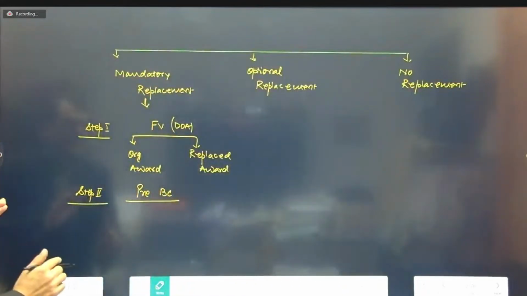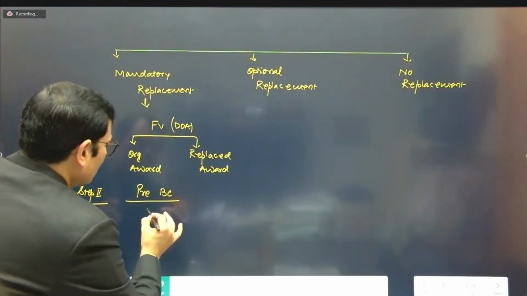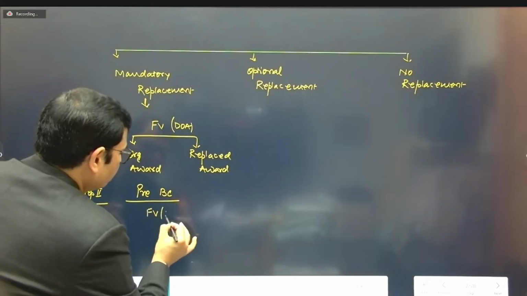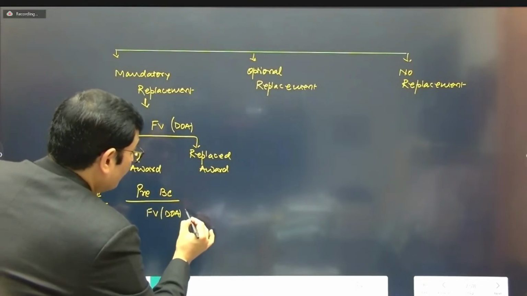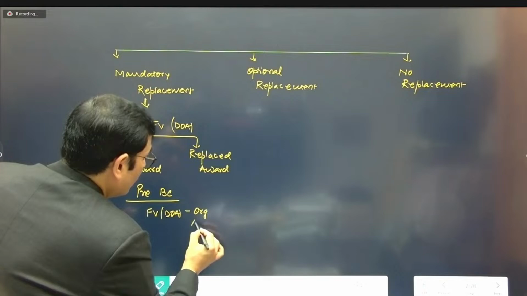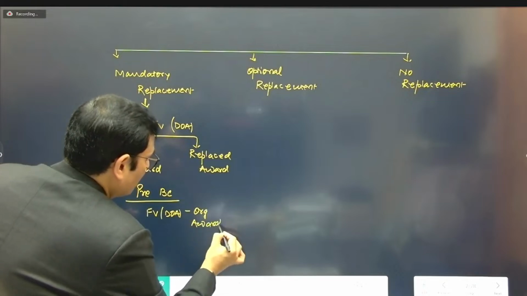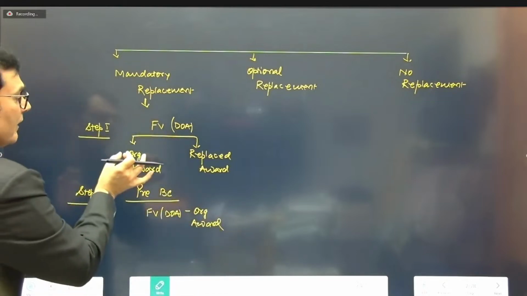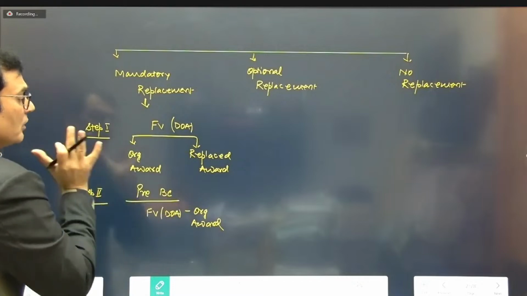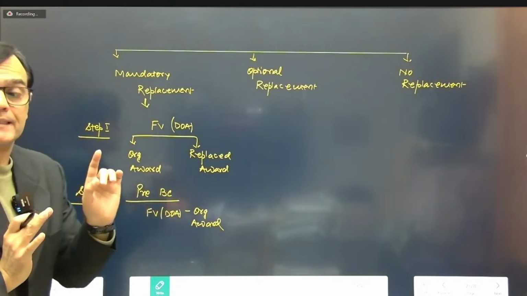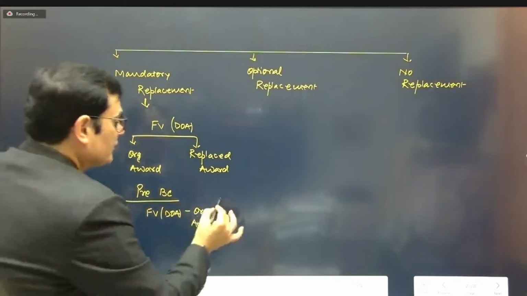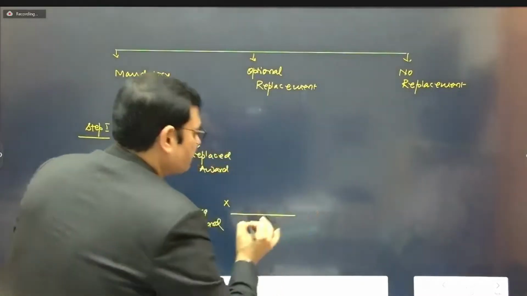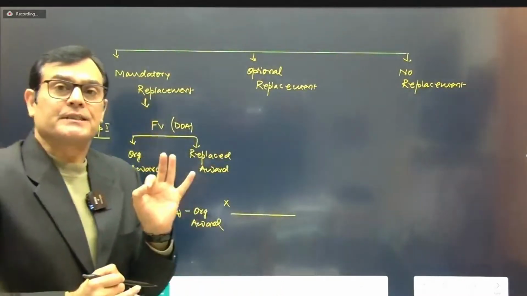The standard very clearly says that for the pre-business combination, take the fair value on the date of acquisition for the original award, what you've already taken in step number one. So you're going to pick up the fair value of the original award, what you've organized in step number one, and take a certain proportion of it.